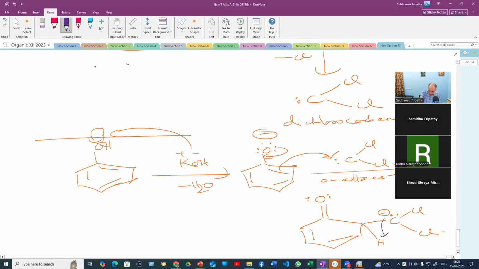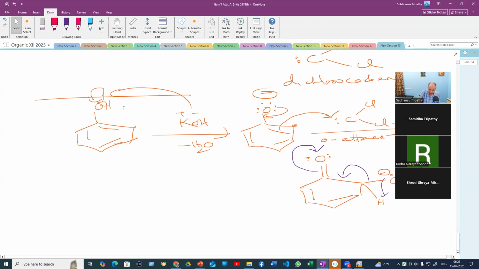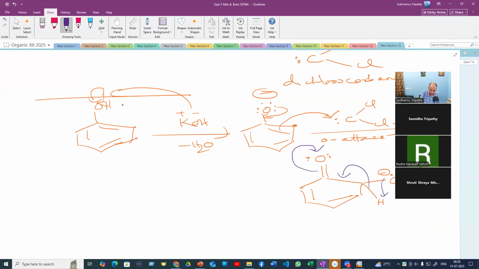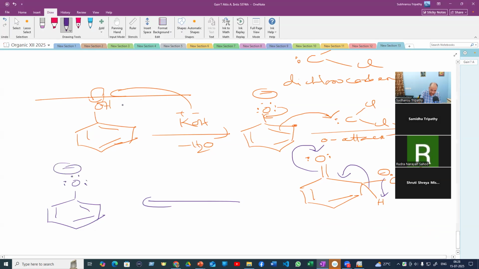And this sigma bond will turn into a pi bond here, and this will be polarized to give you the phenoxide ion. But the dichloromethyl group is now attached. This will be O minus, and the aromatic structure has been restored. So this will be having CHCl2.